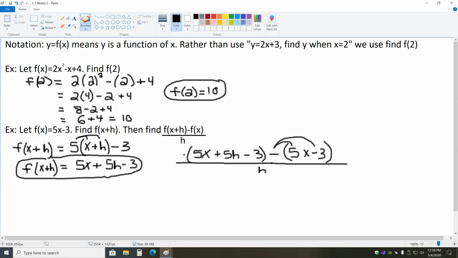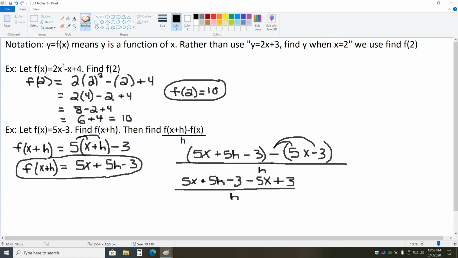There's nothing in front of these parentheses, so they'll just go away, giving us 5x plus 5h minus 3 minus 5x plus 3 all over h.